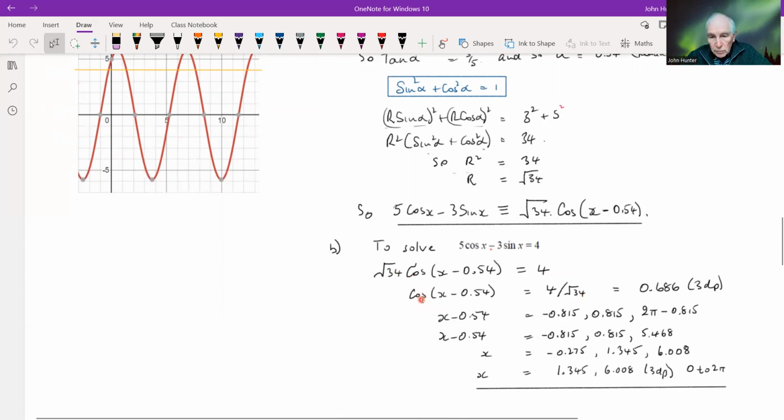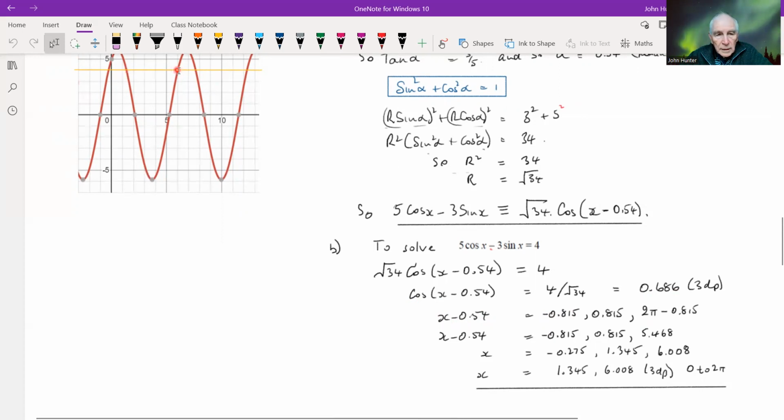So basically, we just go through these various steps. If we divide through by root 34, which is equal to that, then we take the arc cos and we actually solve for this angle here. And we get these values here. Well, I've taken these 3 values. This is the first negative one here. This is 0.815 here.